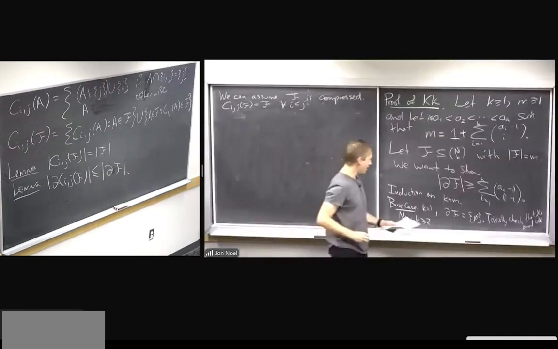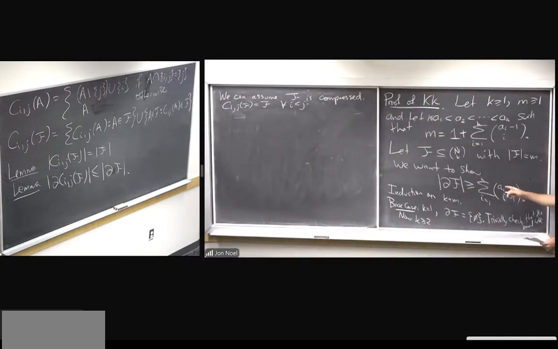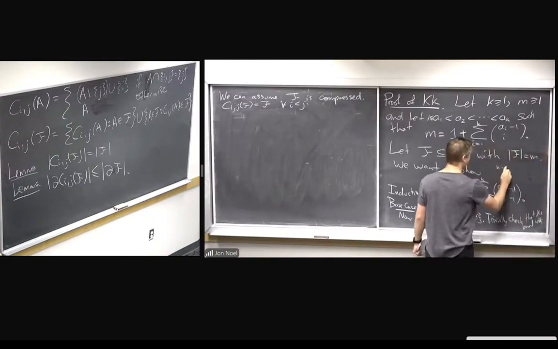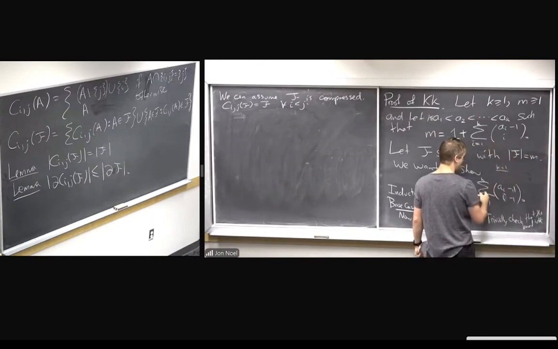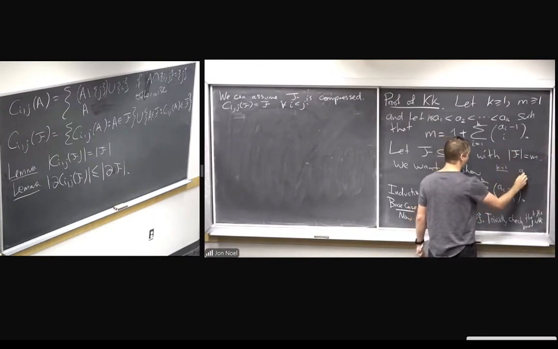So in the case K equals 1, you only have A1, there aren't any other AIs. So the sum from 1 to 1 would just be A1 minus 1 choose 0. But that ends up just being 1, right?